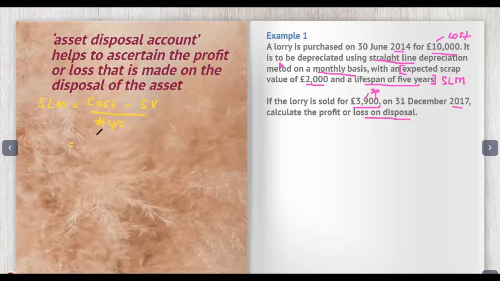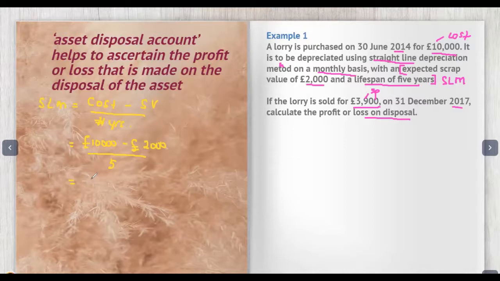So the cost of that lorry was £10,000, the scrap value is expected to be £2,000, and the lifespan is 5 years. So it is 8,000 divided by 5.